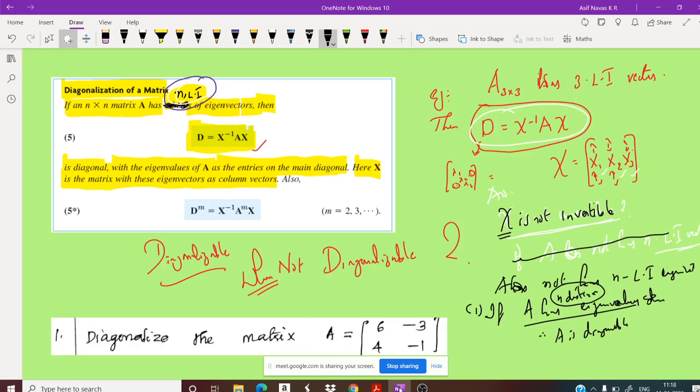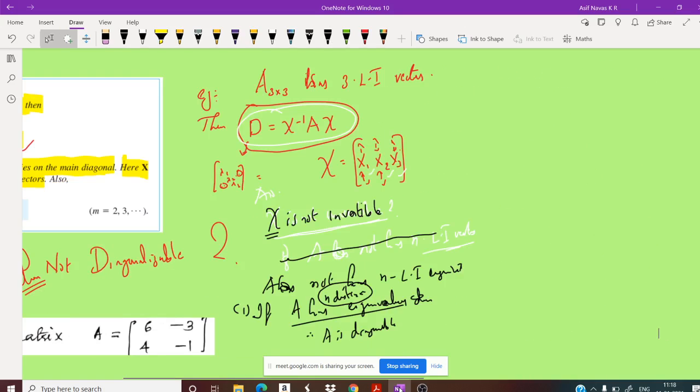If A has repeated eigenvalues, then the number of linearly independent eigenvectors depends upon the number of free variables that we discussed last class.